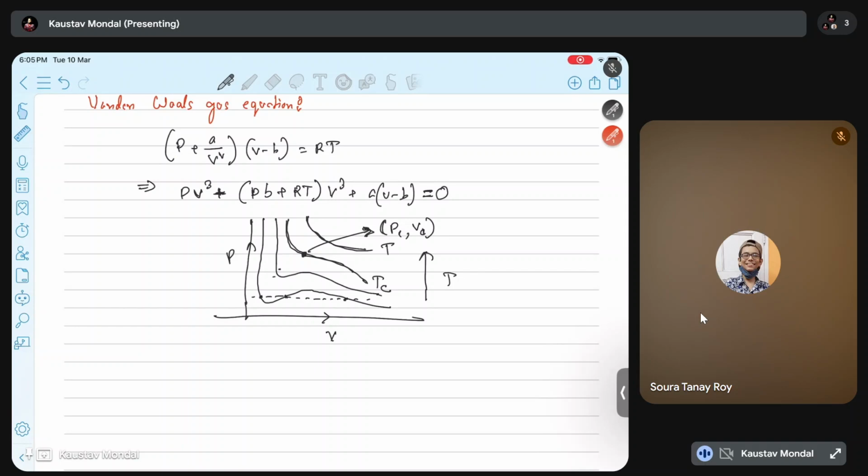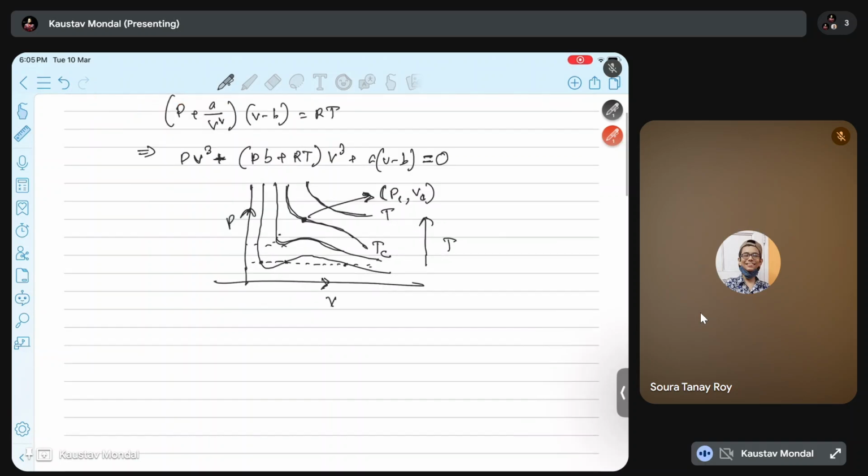But here, from the theoretical expression, it shows this kind of behavior. So it's not necessarily obeying the experimental nature that we already found. Apart from that issue, the other parts of this curve are well explained and agree with experiment.